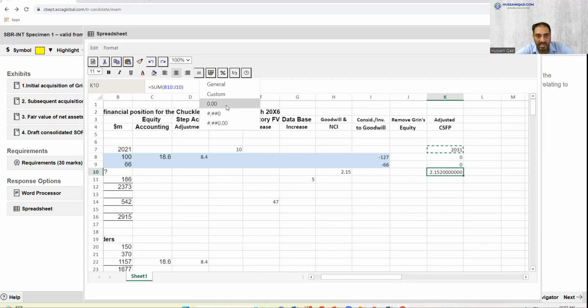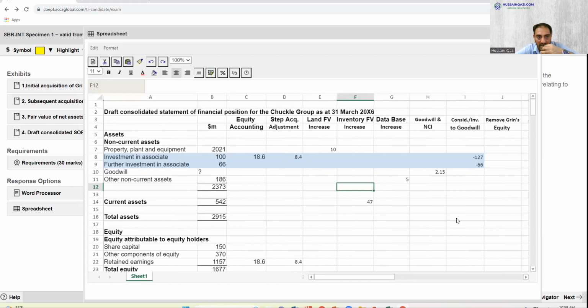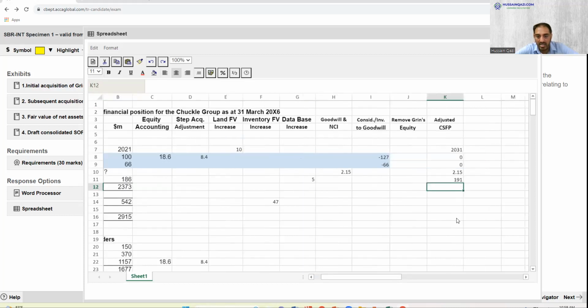It's very basic. Copy, paste. That's 191. And we need to make a total here, 224.152.